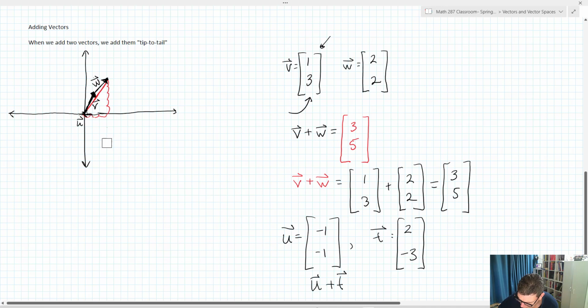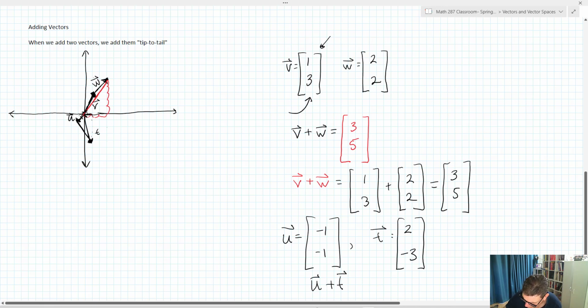Oh, I drew u wrong. U is -1, -1, so u is over here, -1, -1. Okay, there's u. And then t is 2, and down -3. 1, 2, 3. There's t. And our resulting vector here is this vector.